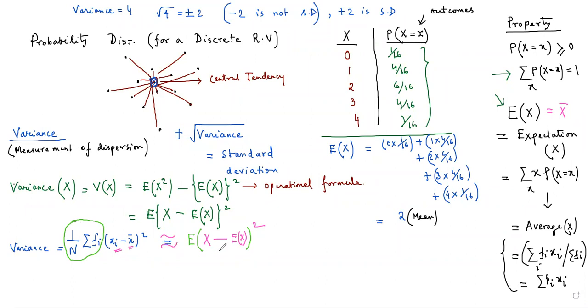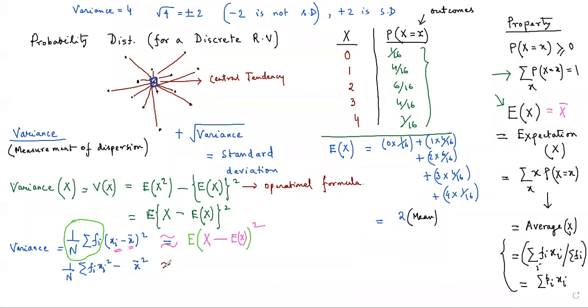If you forget the formula, you can think of the original formula of the variance and deduce it accordingly. Another operational formula for variance is 1 by n summation Fi Xi square minus X bar square. From there also you can find the operational formula in terms of expectation.